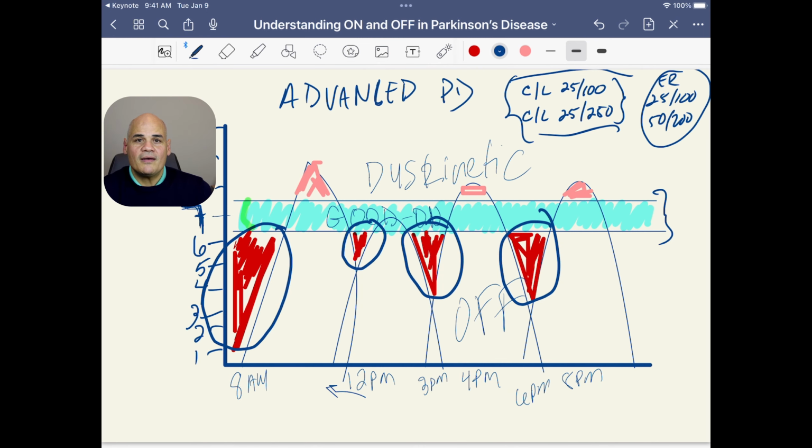So when we look at these medicines, remember that we're going to be paying attention to this number. That's where the money is, right? The 100 and the 250 is the dose of levodopa, which is the medication that is going to improve the symptoms of Parkinson's. So what do you see there? You see that there is a dose of 100, a dose of 250, and this is comparable to going to a store and there is a small size for a shirt, right?